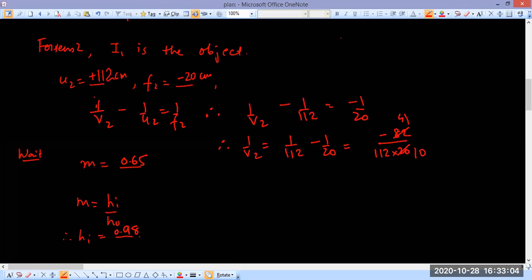Sahdev, that's right, -24.3. પછી આગળ કરવાનું છે. HI equal to 1 એટલે 0.98 આવે છે. If you are rounding it off to 1, then Chaitya, that's right.